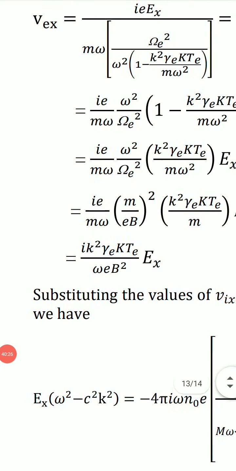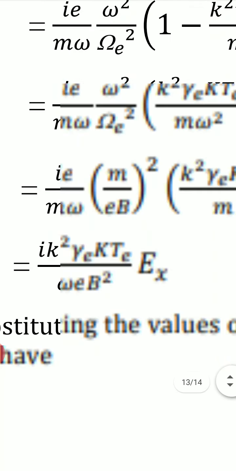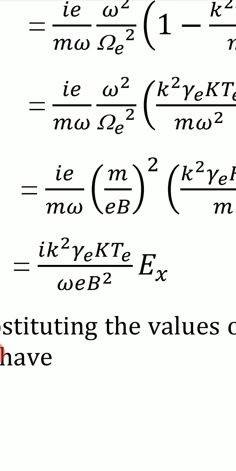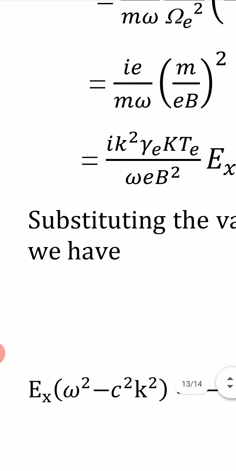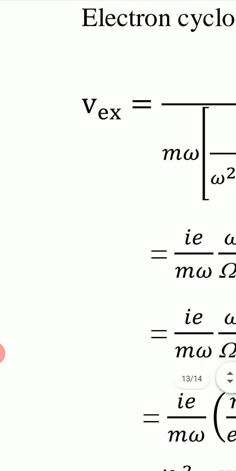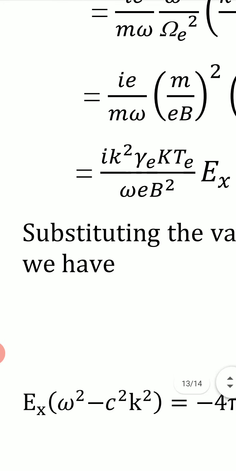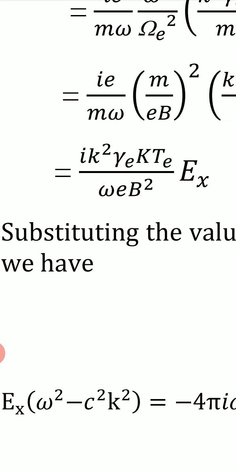Here we put the value of omega e as eB upon small m and solve it to get Vex equal to i k square gamma e k Te upon omega e B square Ex.